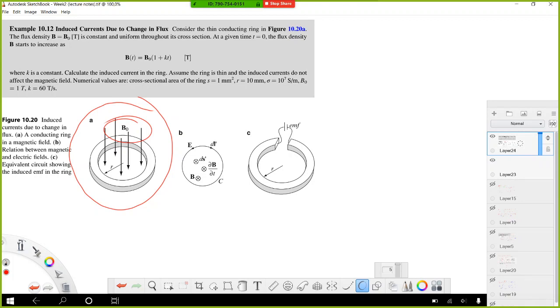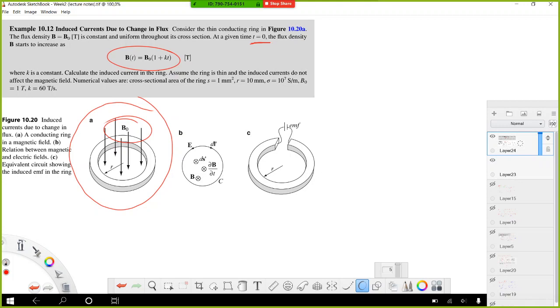At the very beginning, flux density B was equal to B0, and at any given time starting from t equals 0, the flux density changes with this law: B(t) equal to B0 multiplied by 1 plus Kt, where K is constant.